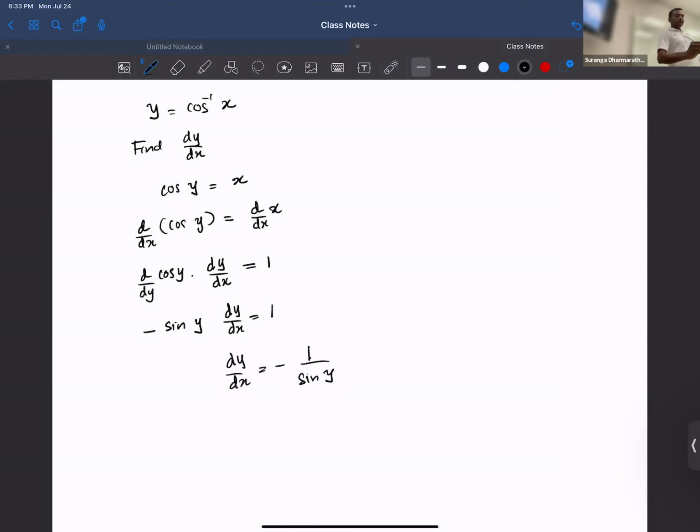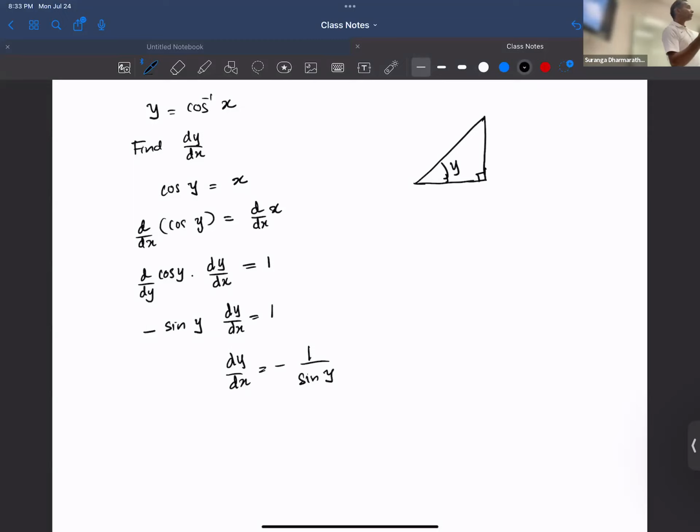Now, again, think about that triangle. This time, this is y. Which side is magnitude x? Now, cosine y is x. If cosine y is x, what is the hypotenuse?